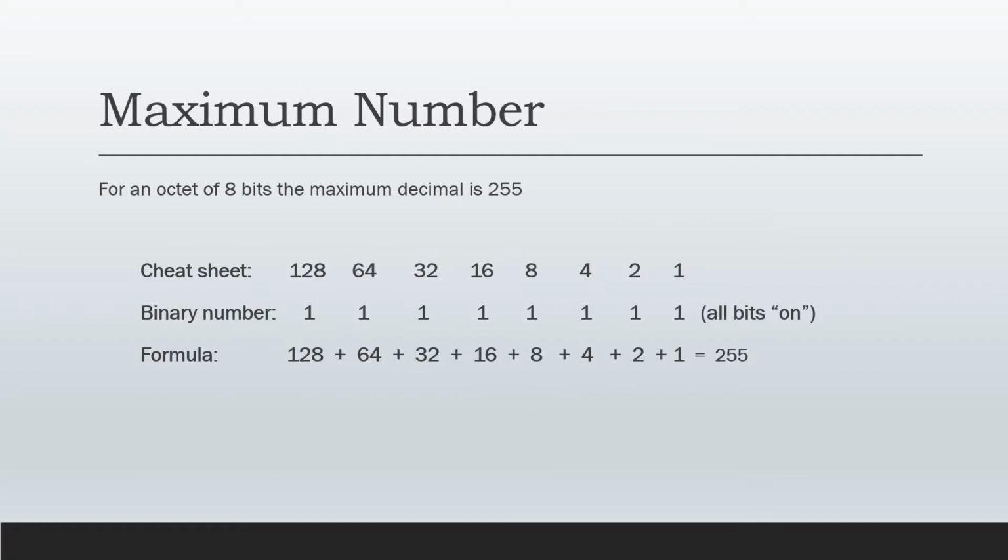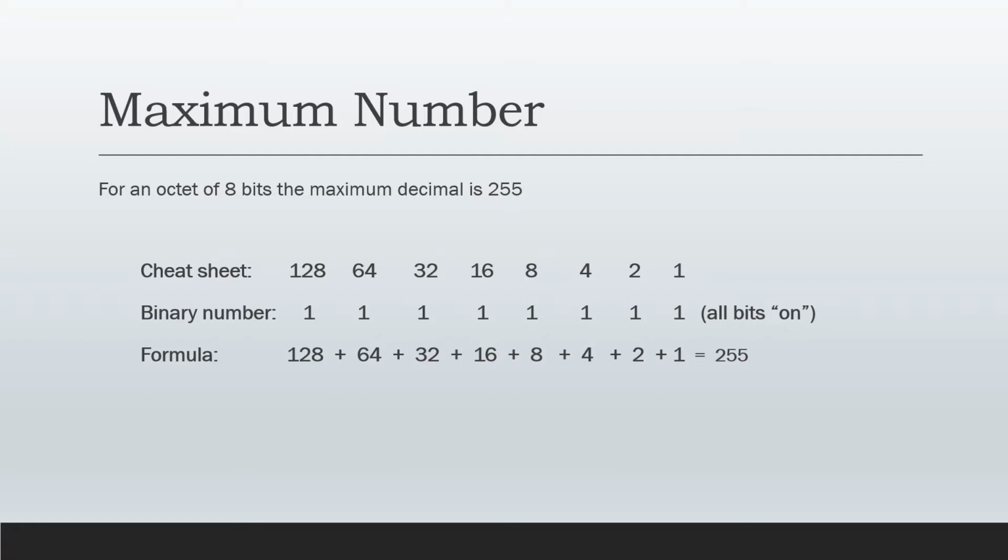The maximum number for an octet of 8 bits is 255. You'll see this in subnet masks, which is a topic for a new video. A common subnet mask may be something like 255.255.255.0.